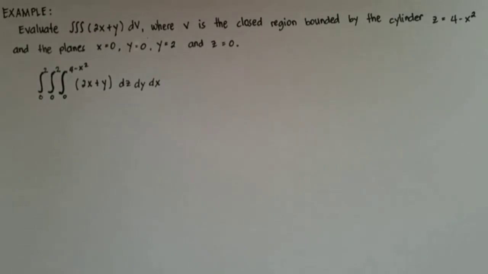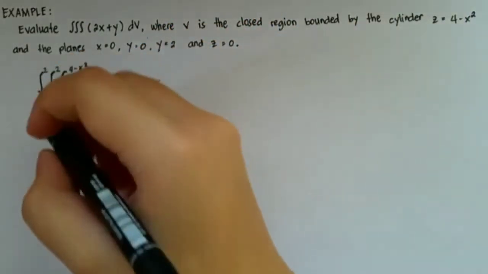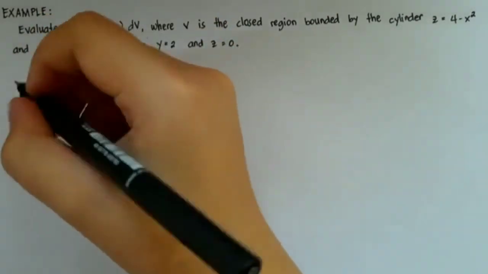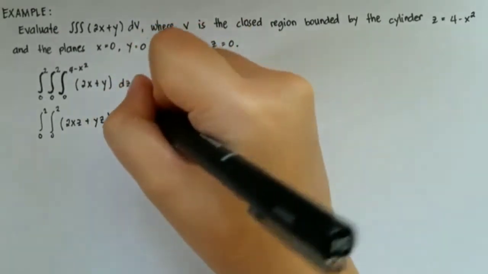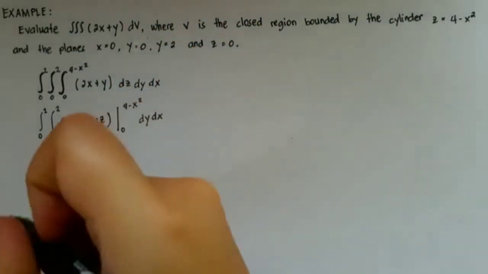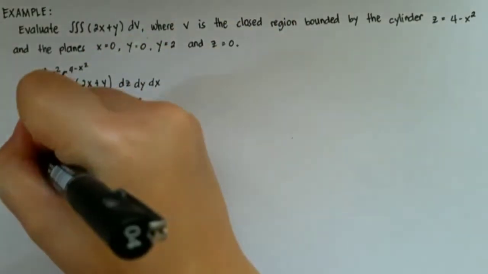Now we can finally integrate. Let's first integrate with respect to z. Let's evaluate with limits of integration. Now let's substitute the limits.